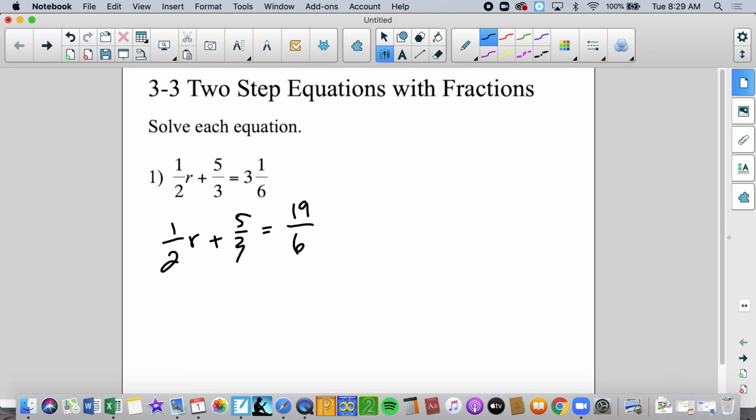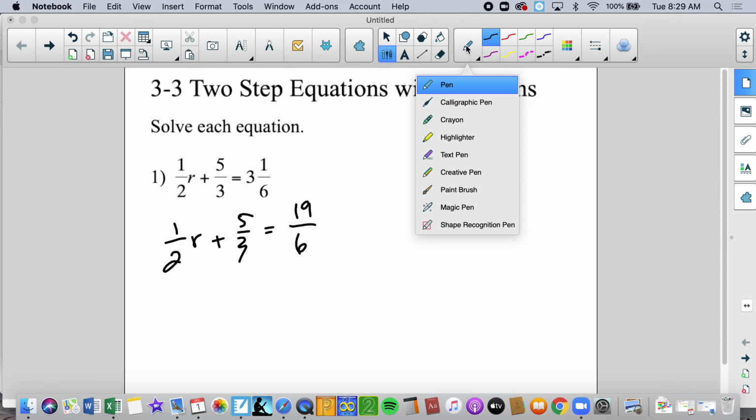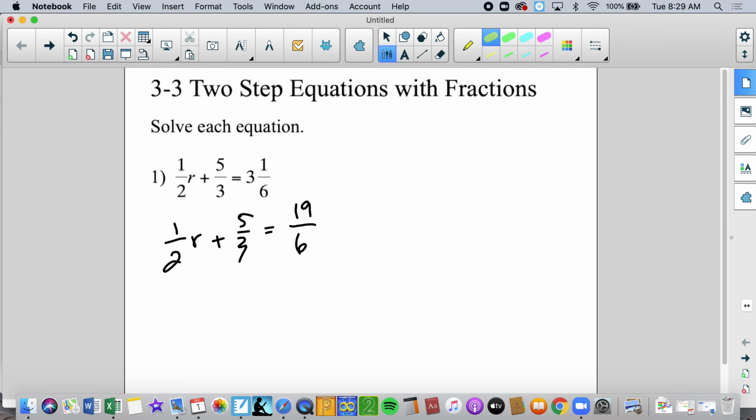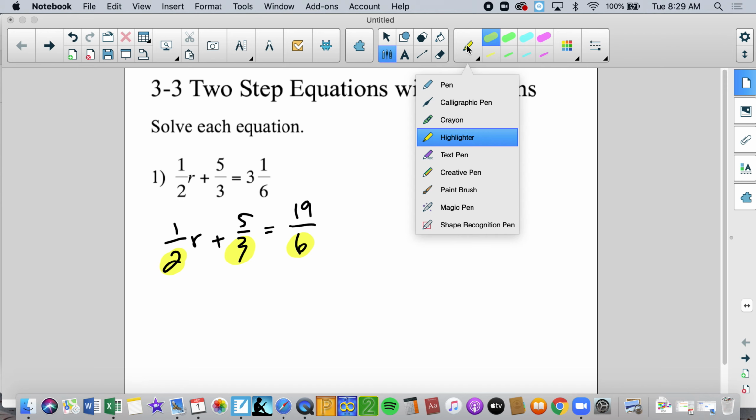There is a way that you can eliminate all these fractions by looking at each of the denominators. You have 2, 3, and 6, and you want to find the least common multiple. The LCM of 2, 3, and 6 is 6.